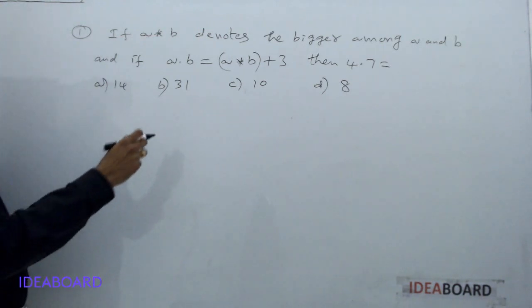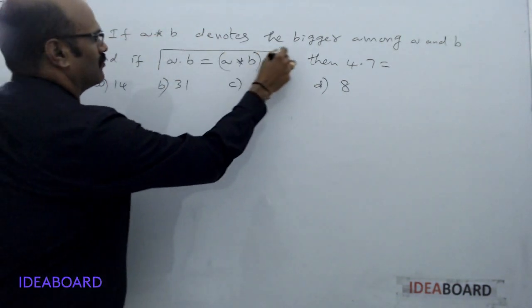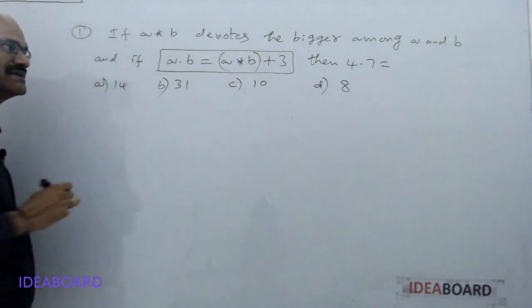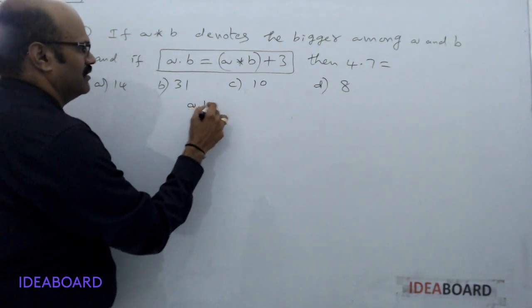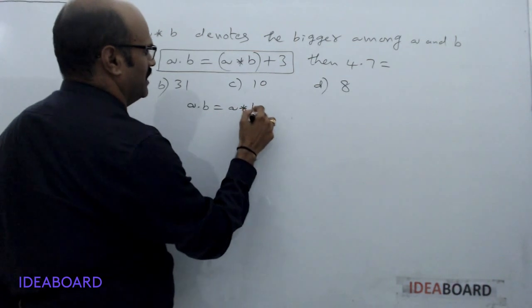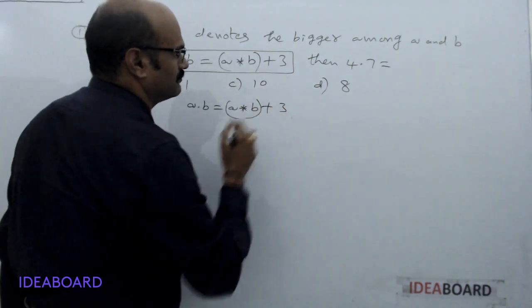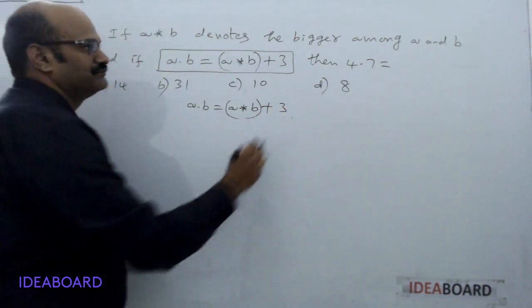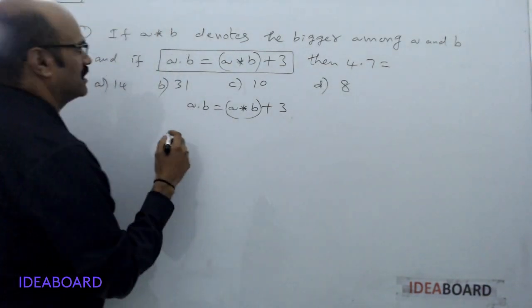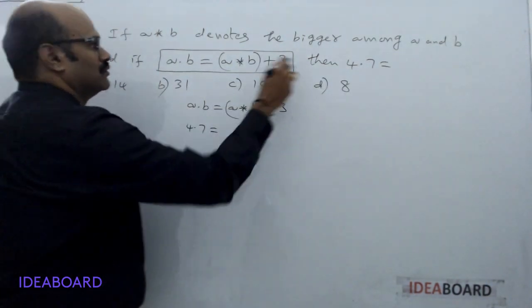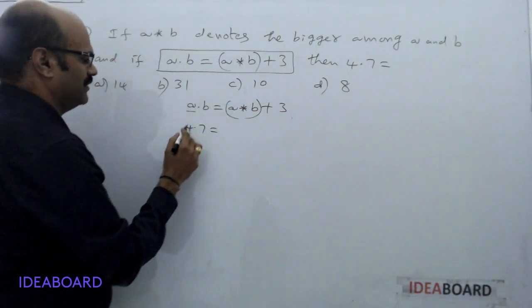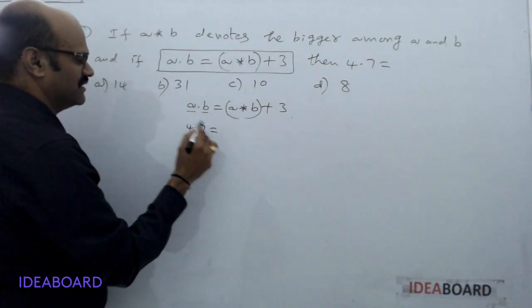It is given that A dot B equal to A star B plus 3. Now 4 dot 7 equal to, we have in the place of A 4, in the place of B we have 7.